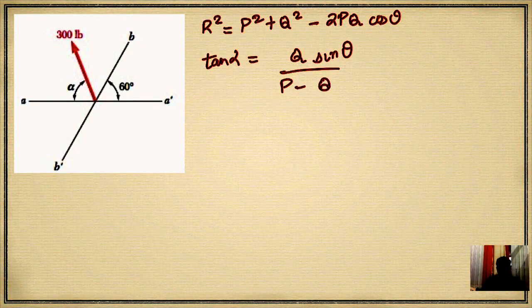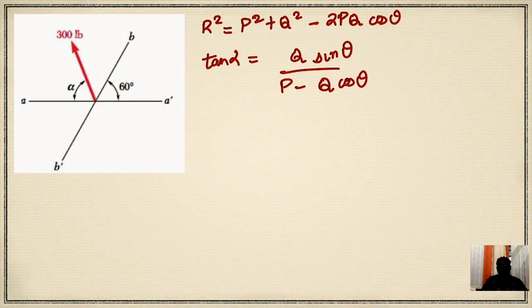So it is R square is equal to P square plus Q square minus 2PQ cos theta. Similarly, you have tan alpha, which is equal to Q sin theta divided by P minus Q cos theta, right?